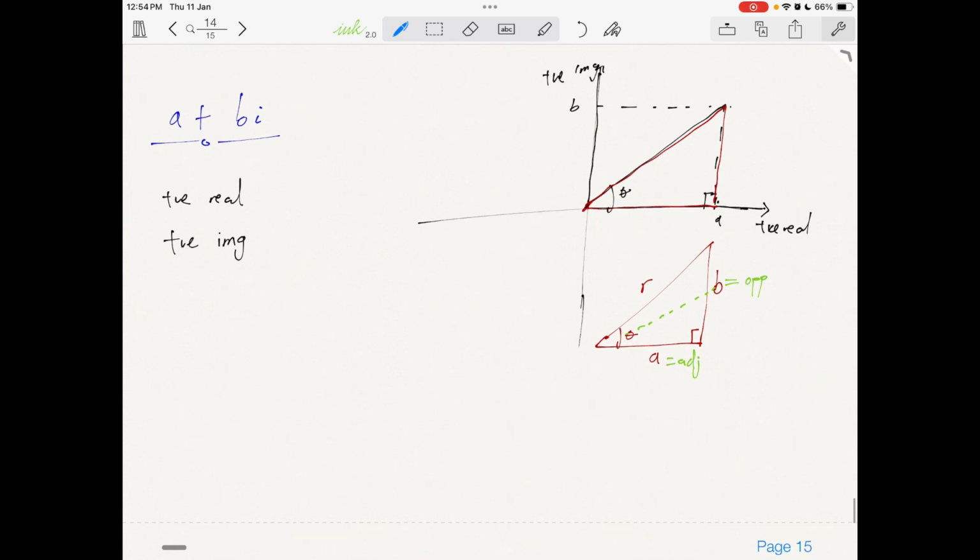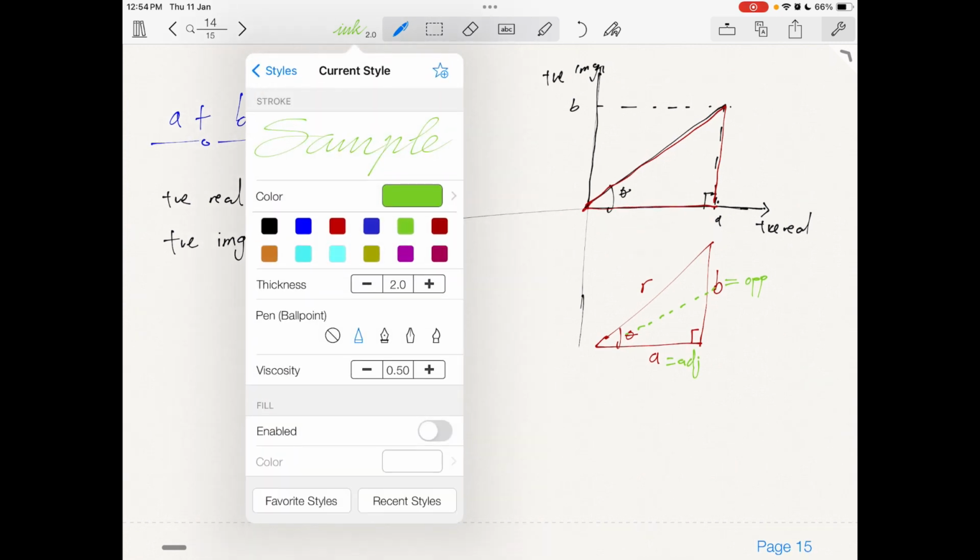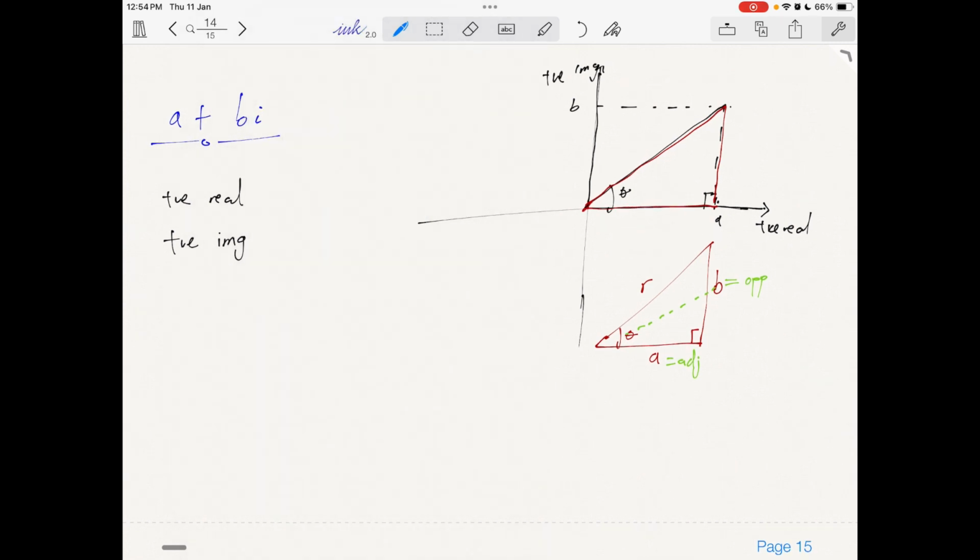Now therefore, we have that our r squared, according to Pythagoras theorem, is a squared plus b squared. So our modulus is the square root of a squared plus b squared.